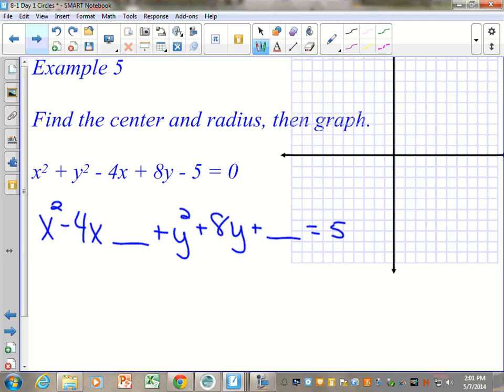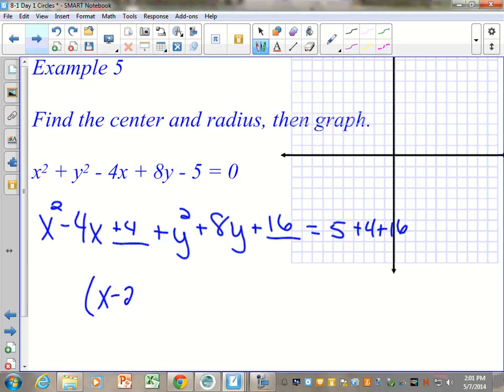The big thing is people forget the other side. When I teach Algebra 2, I always say if you feel like you're going to forget to add it to the other side, you could leave 2 blanks on the other side of the equal sign, and that would be a reminder to add that same thing over there. But here I think we're going to add 4, and here half of 8 is 4, and that would be 16. So we're going to add 4 and 16 over here, or 20.